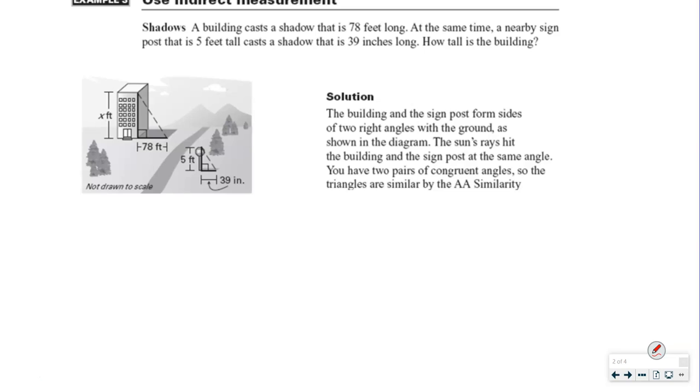We need to use indirect measurement. So shadows, we have these shadows, okay? A building casts a shadow that is 78 feet long. At the same time, a nearby signpost that is 5 feet tall casts a shadow that is 39 inches long. And we can figure out how tall the building is.